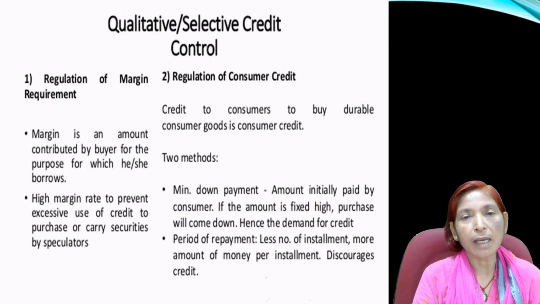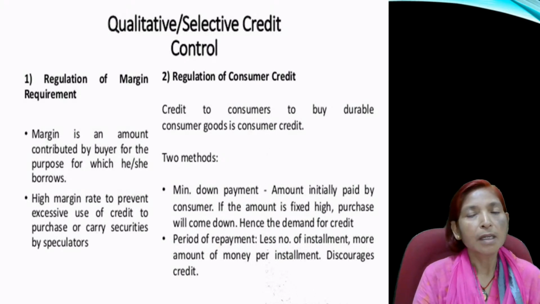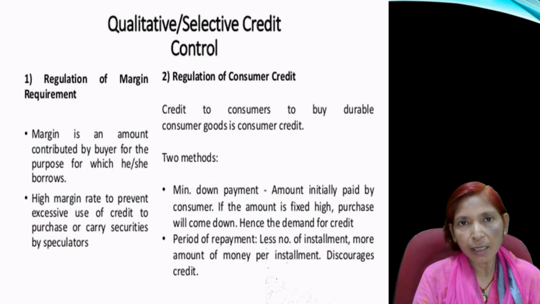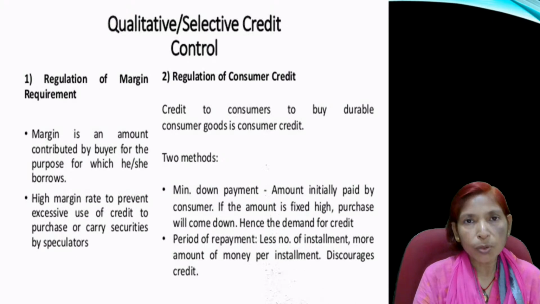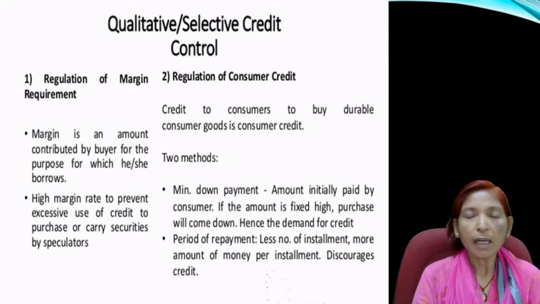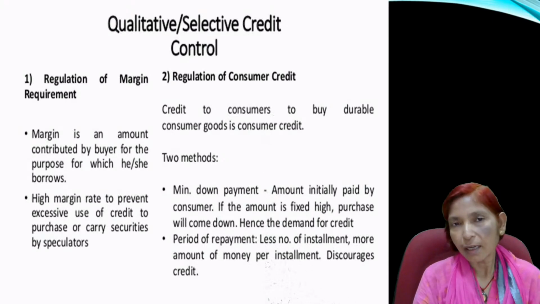Next is moral suasion. You know that RBI is the apex institution of monetary authority, and all the commercial banks have to follow the policy made by the Reserve Bank of India, the monetary policy and its instruments. If all commercial banks support RBI's policy, then RBI can work very smoothly and achieve all the set targets.